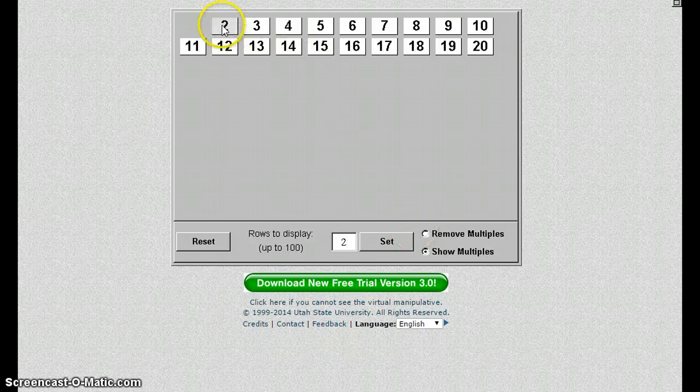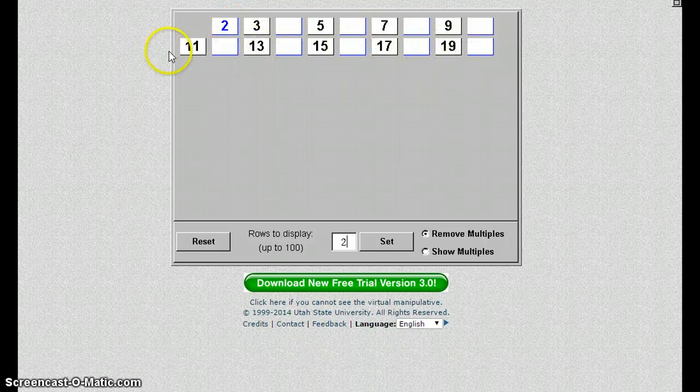The reason is, if 2 is prime, 4 is 2 times 2, 6 is 2 times 3, 8 is 2 times 4. So all of these even numbers are going to be composite because they have 2 as a factor.